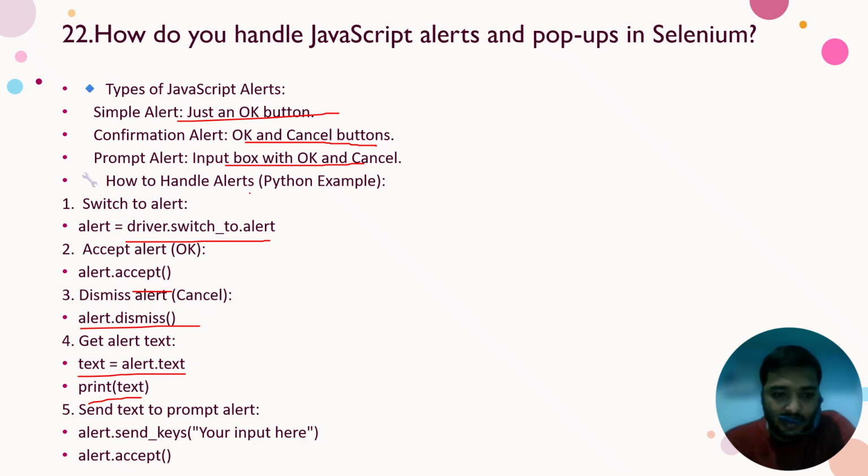For a prompt alert, use alert.send_keys, and then alert.accept.